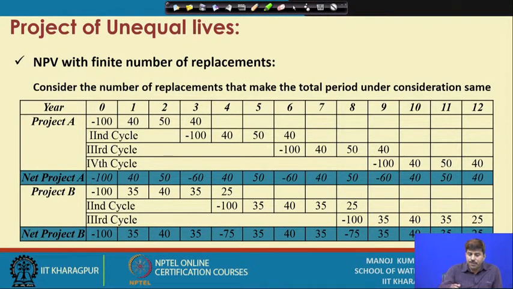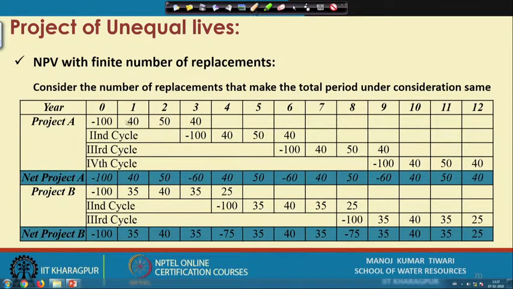We have project A, which is there for year 0, 1, 2, 3, and this is my project B, which is up to 4 years. What I should do is repeat these projects for a finite number of cycles and bring them to an equal lifespan.